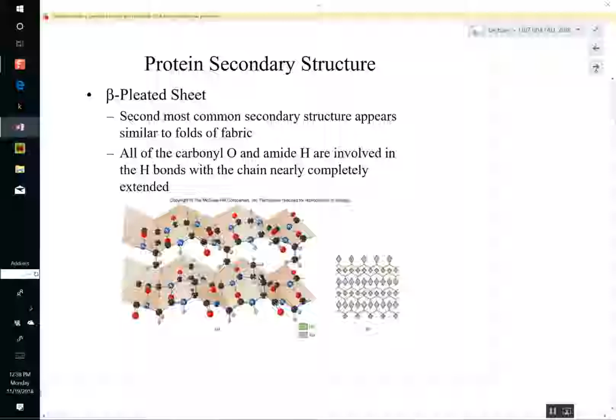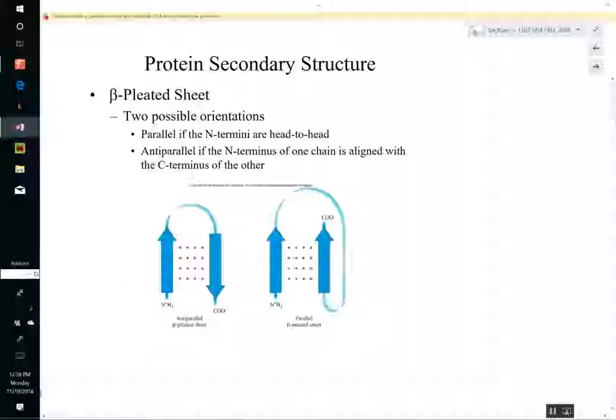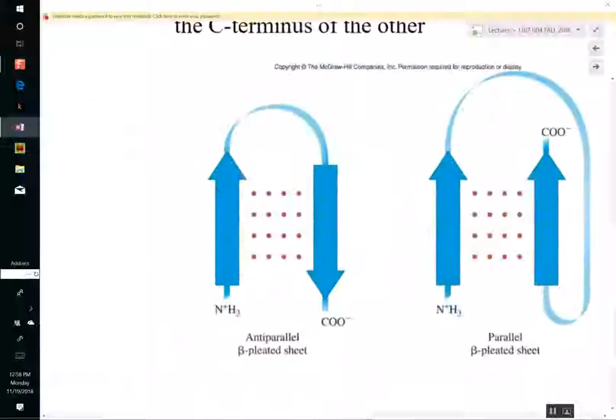Another form of secondary structure is a beta pleated sheet. So if you think of a string and you run the string along and you bend it and you come back right next to the string and next to the string and next to the string, you would have a sort of thing where you might have an NH group here, hydrogen bonding over to a carbon-oxygen double bond over here.